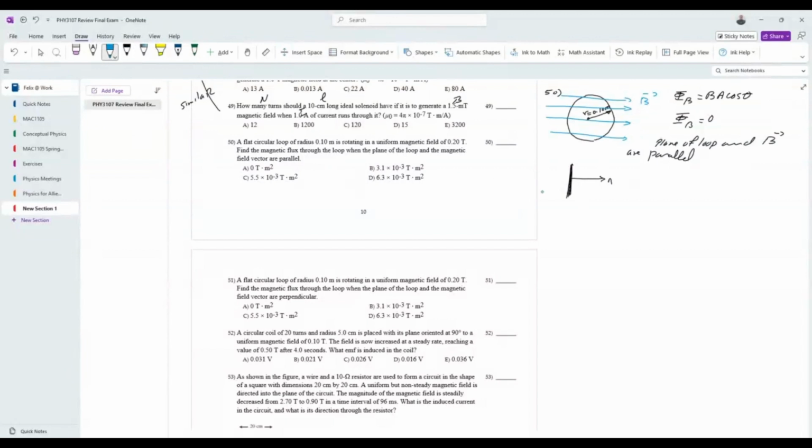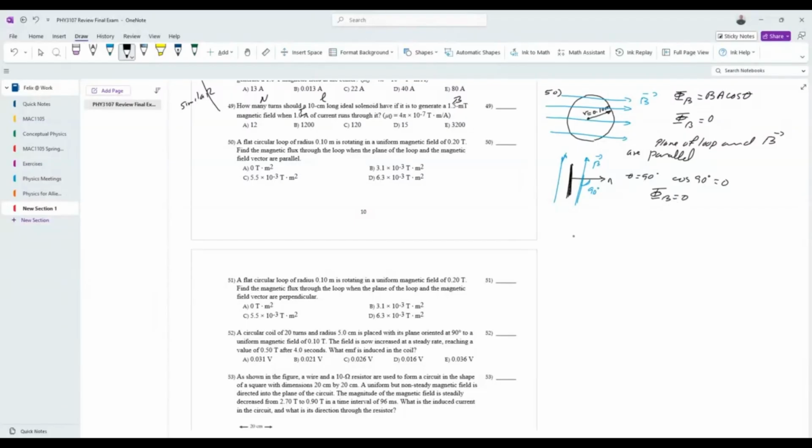If the plane of the loop and the magnetic field are parallel, the normal to the plane of the loop makes an angle of 90 degrees with the magnetic field. So theta is 90 degrees, and the cosine of 90 degrees is 0. So again, the magnetic flux will be 0.